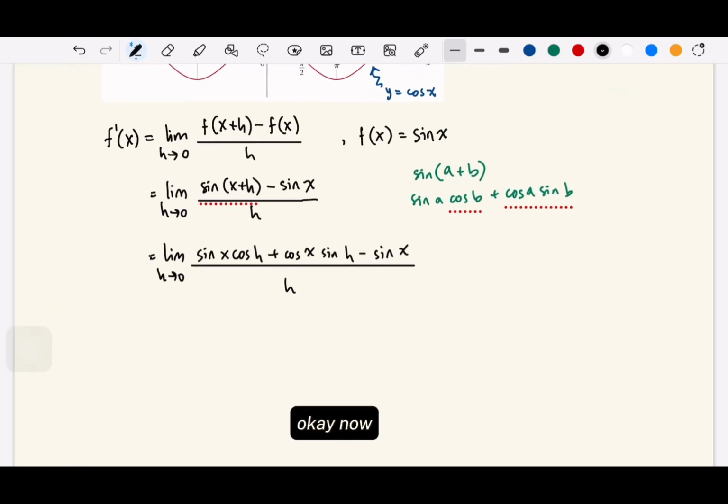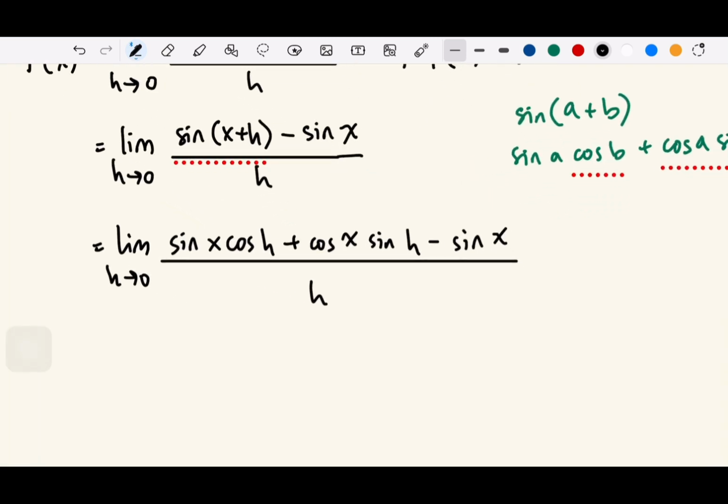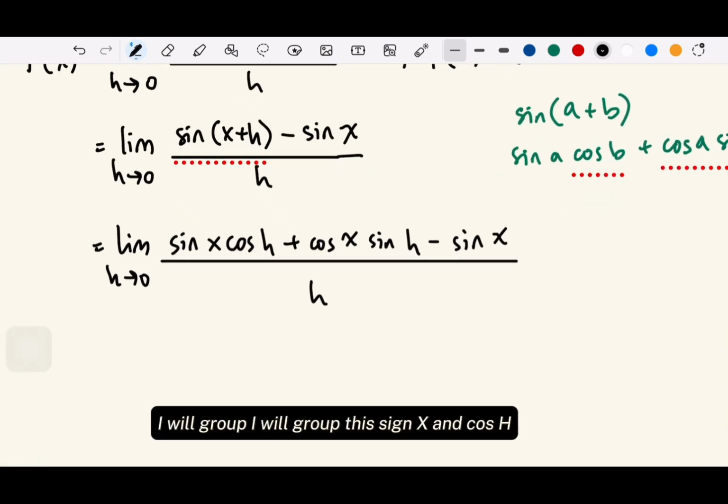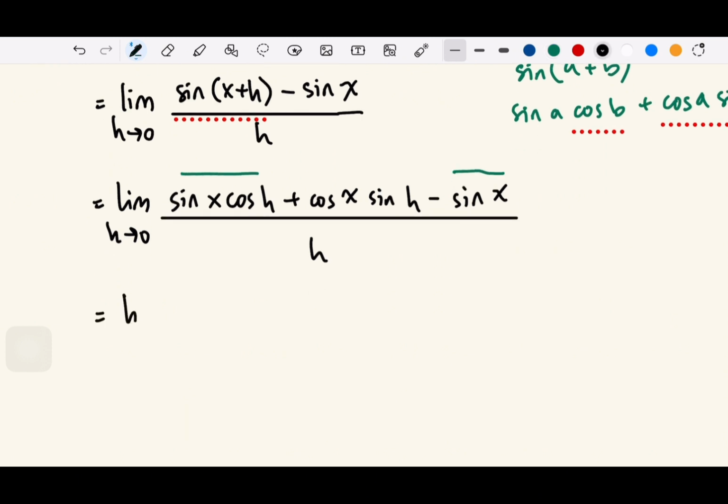Okay, now, what's next here? What's next is I will group this sine x and cos h, this one and this one. I will group and write like that.